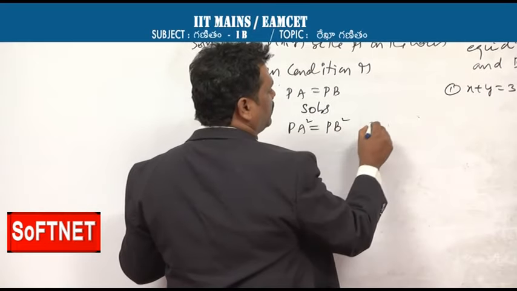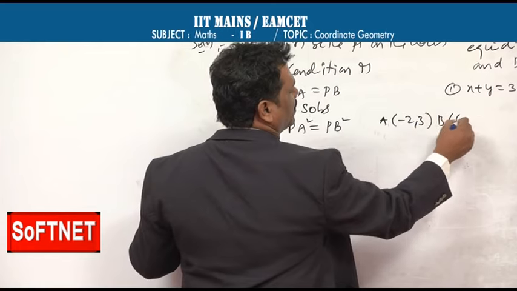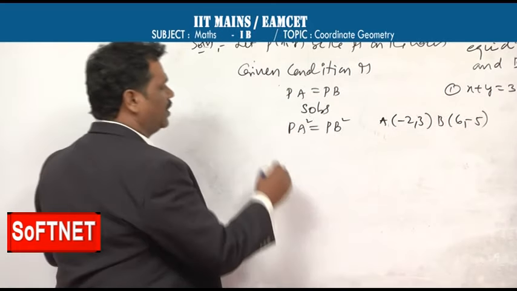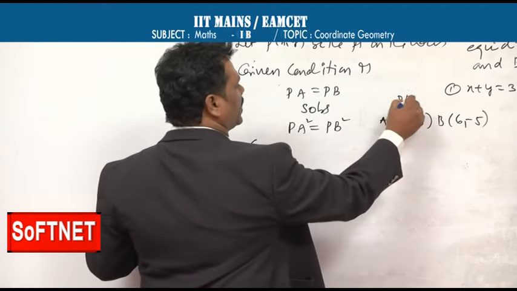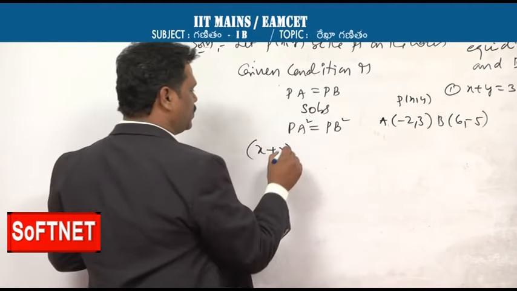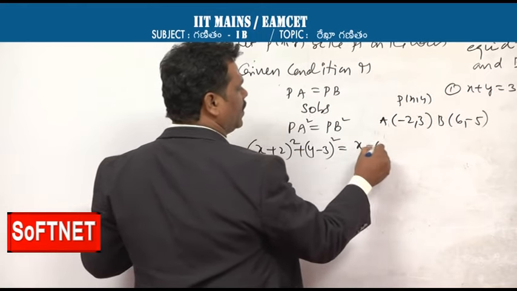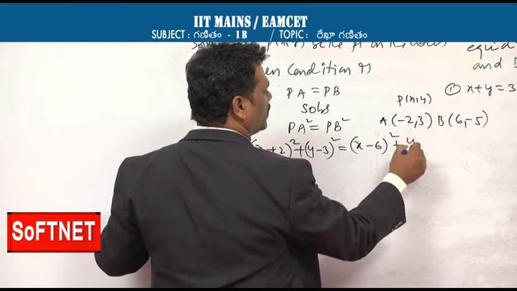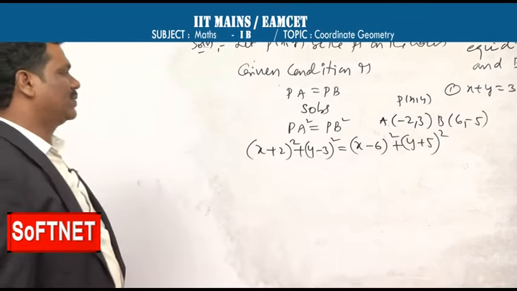Given points are A (minus 2, 3) and B (6, minus 5). Here P is (x, y). So (x plus 2) whole square plus (y minus 3) whole square equal to (x minus 6) whole square plus (y plus 5) whole square, since PA equal to PB.